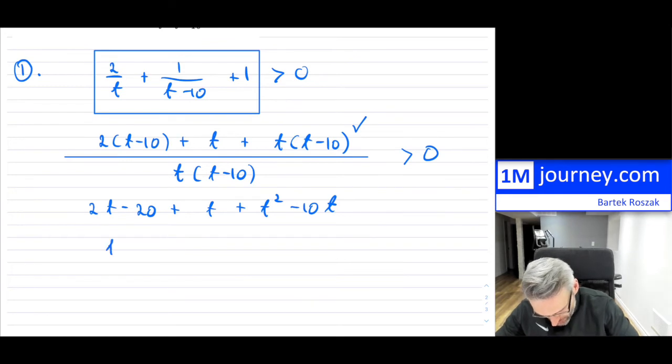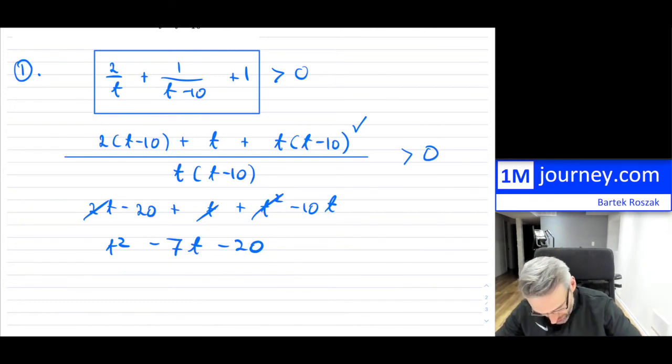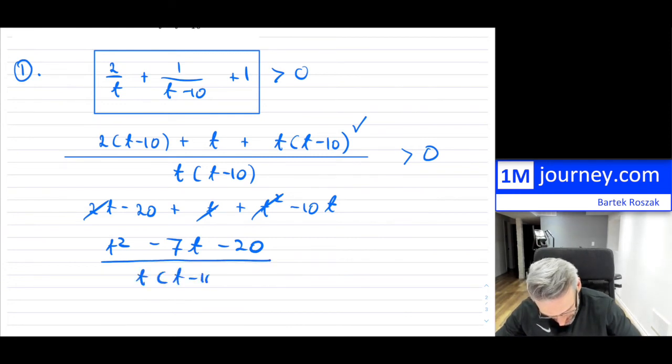Okay, so t squared and 2t, 3t minus 10t, so that's minus 7t, minus 20. So that's a quadratic right on top. So we have that, over t over t minus 10.